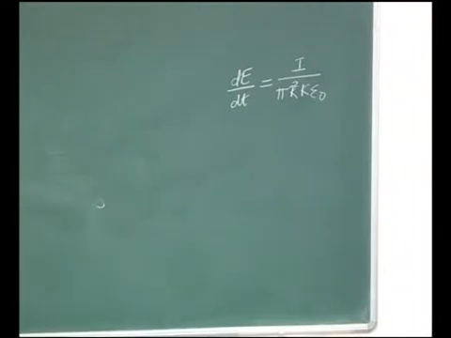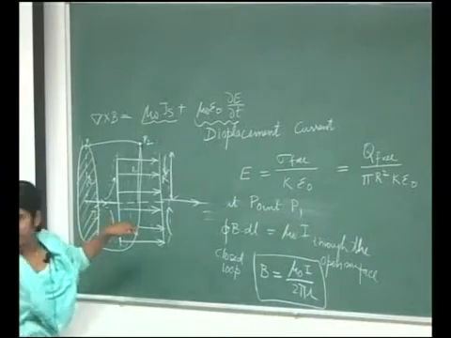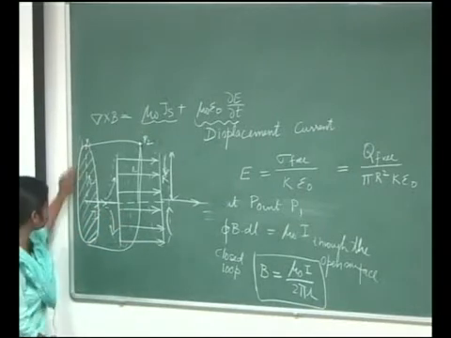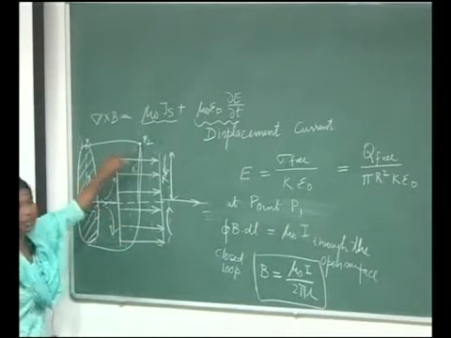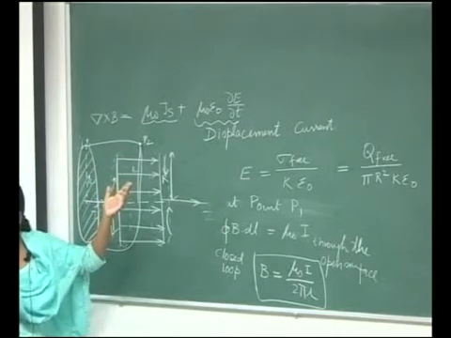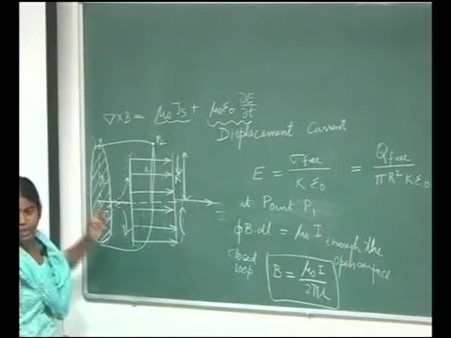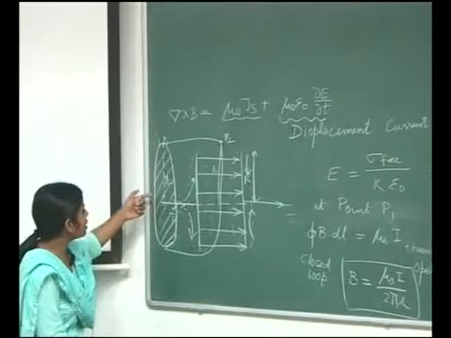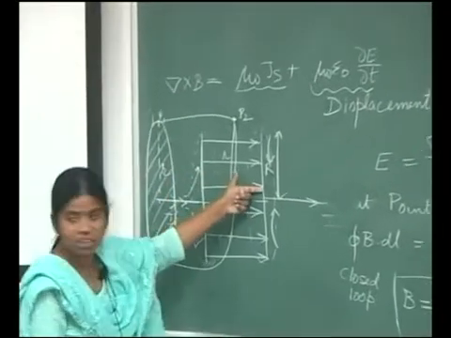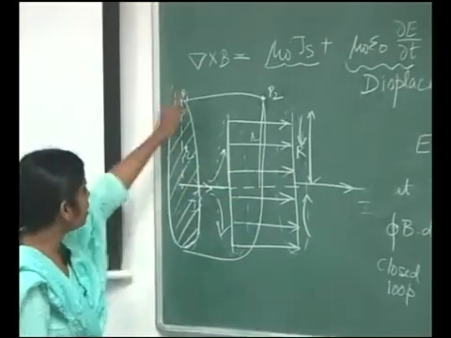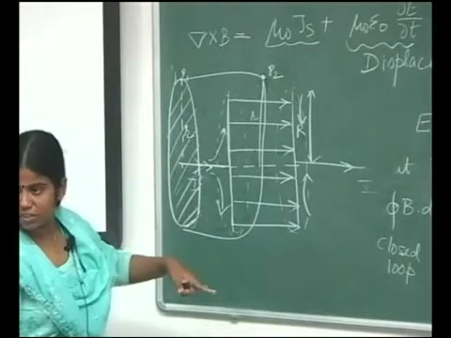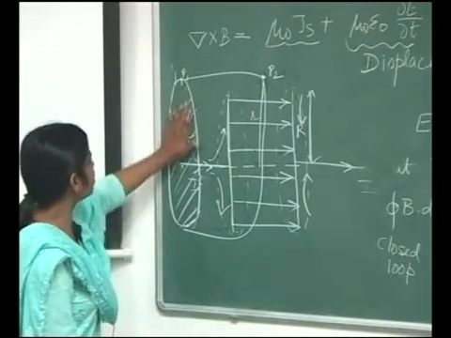So, in order to calculate the magnetic field at point P2, I will choose another open surface and attach it to the same loop, because points P1 and P2 are at the same distance. Now, you see that there is no current passing through this open surface. Okay. Now, this is not the surface.